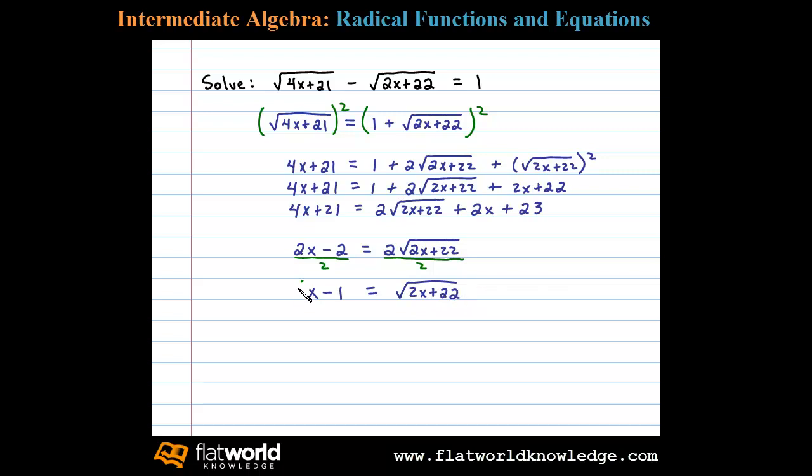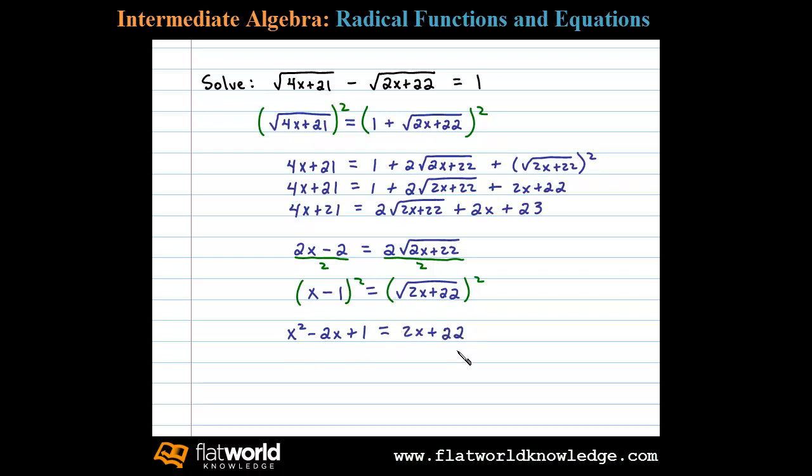Now at this point we can square both sides again. Squaring x minus 1, we're left with x squared minus 2x plus 1, and that'll be equal to 2x plus 22.